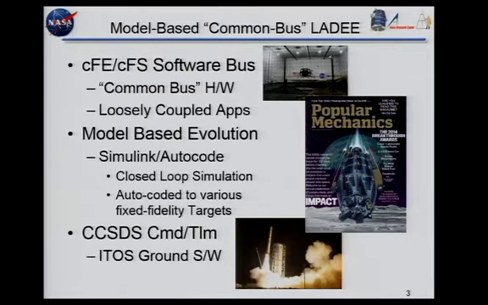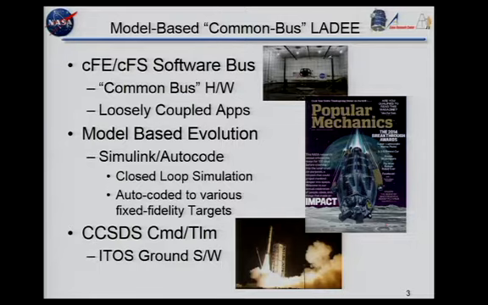And so what is LADEE? What did it come from? Well, it started with, I'll use the mouse here, this hover test craft vehicle, which basically had no real requirements put on it. It was kind of a rapid prototyping effort and a demonstration of Ames's ability to write flight software.